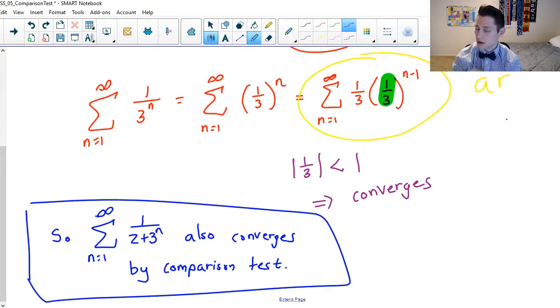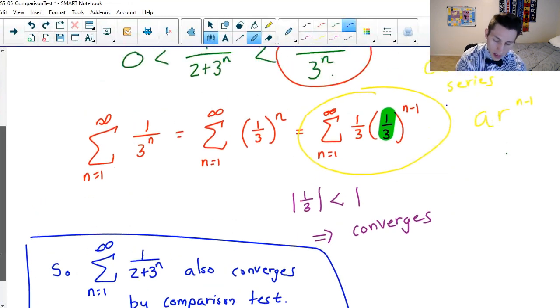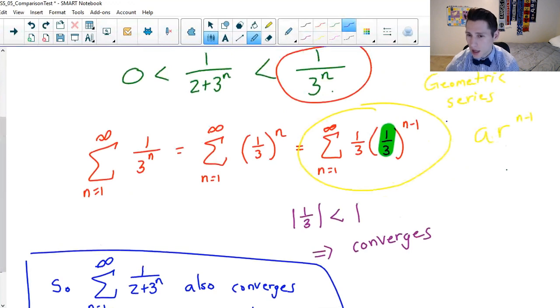The series of the larger sequence converges, so I know the series of that smaller sequence will also converge. And in the midst there, we had to use our knowledge of geometric series to prove that that series converged.